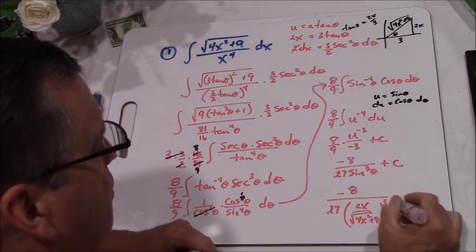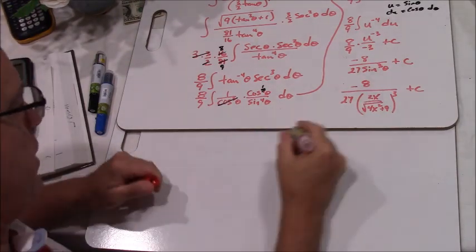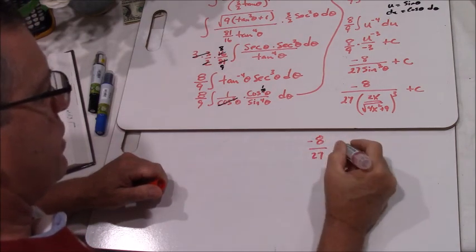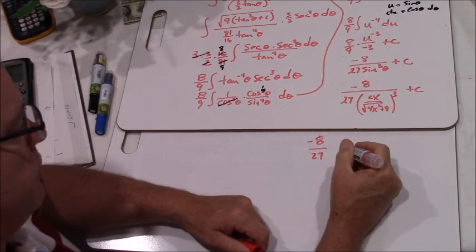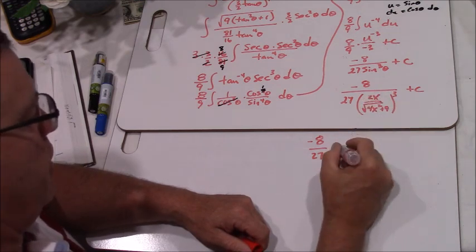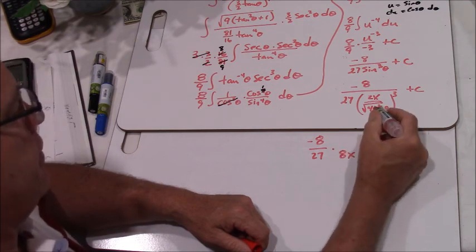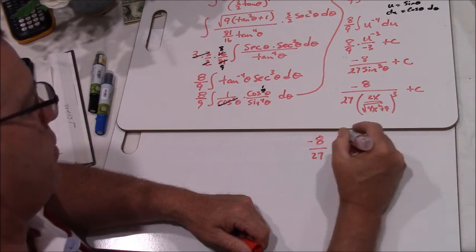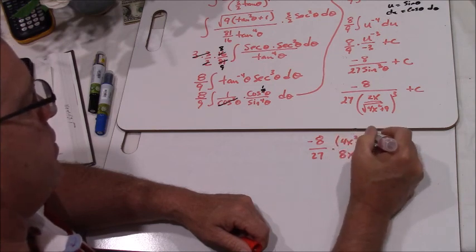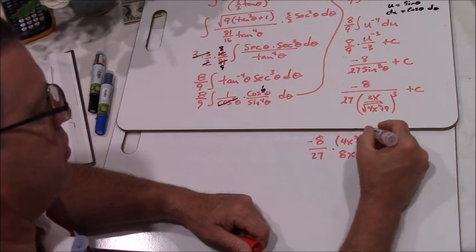Raise that to the third. So I'm going to have to flip this thing over and multiply times a negative 8/27. So I'll cube each of these. So 2x cubed would be 8x cubed. And if I cube this, that would be 4x squared plus 9 raised to the 3/2, 1/2 for that square root.